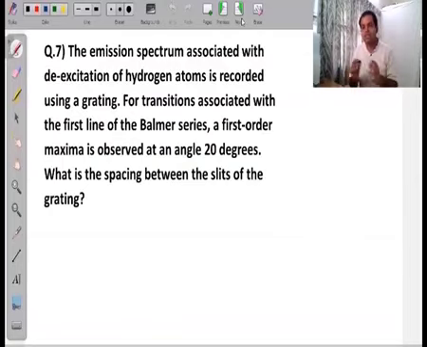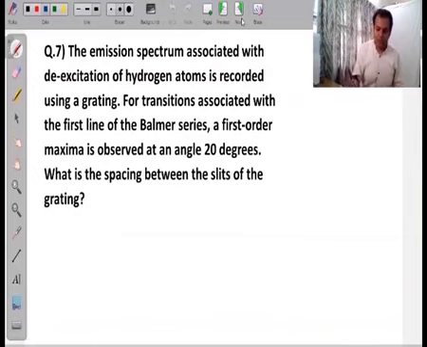So this question is actually trying to combine two concepts, one associated with the quantum physics of the atom and the other associated with the optics of the system, where you have electromagnetic radiation incident on a grating and you look at the diffraction produced by the grating.